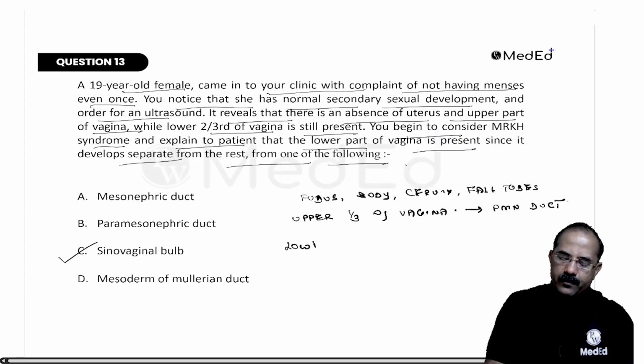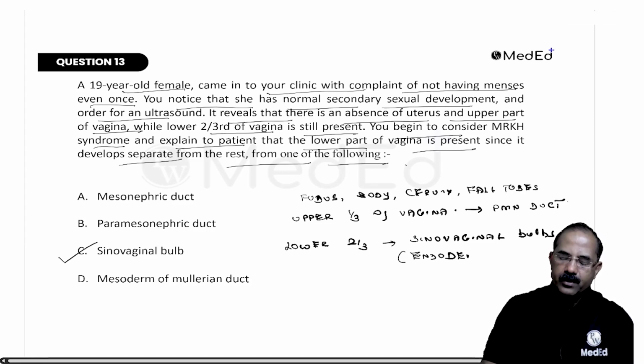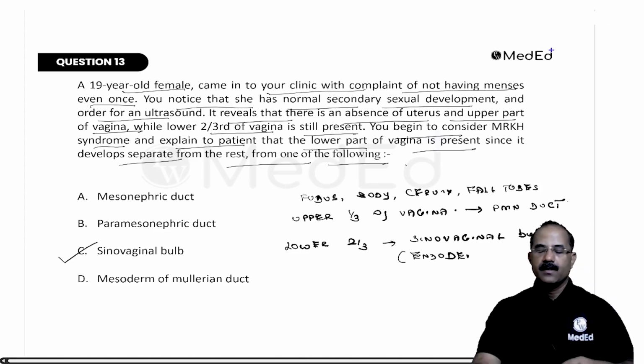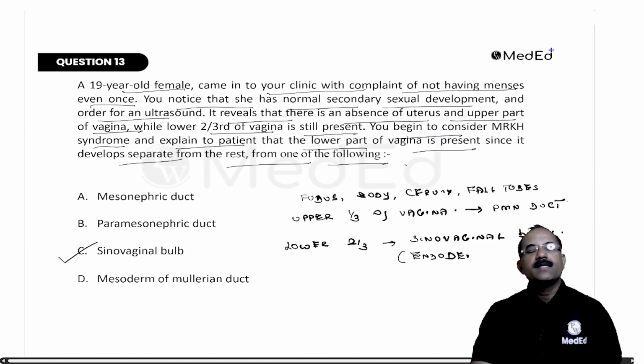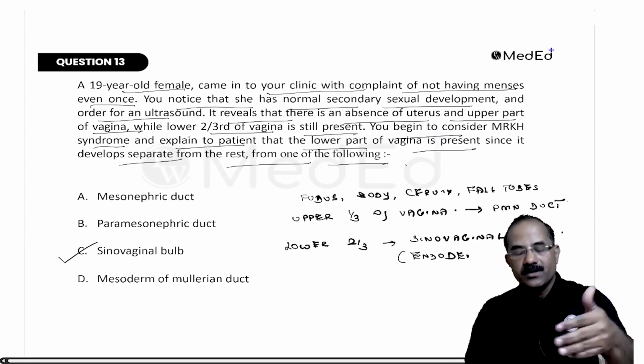The lower 2/3 of the vagina is derived from sino-vaginal bulbs. Not mesonephric, Naman, it's paramesonephric duct for the upper part. The lower 2/3 of the vagina is endodermal in origin, whereas the upper 1/3 of the vagina is mesodermal in origin, right?